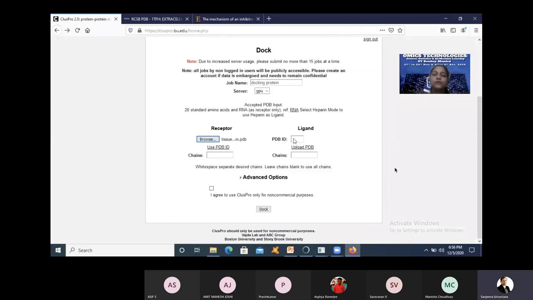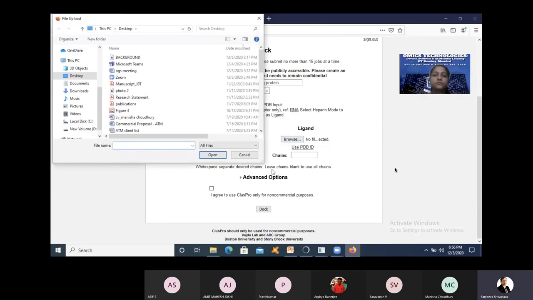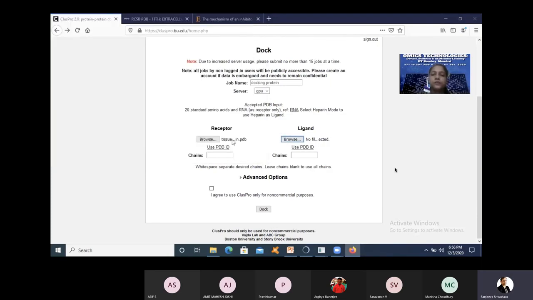So now coming back to ClusPro. Here, I had already uploaded the tissue factor protein, but sorry, I made a mistake. I should have uploaded factor 7A here as the receptor, and the tissue factor as the ligand.